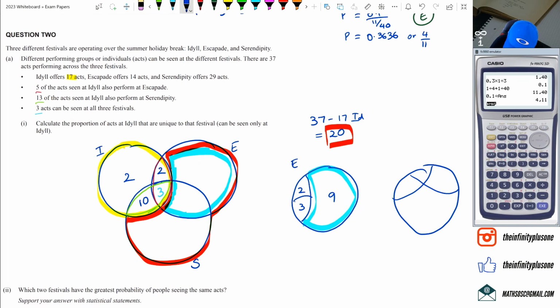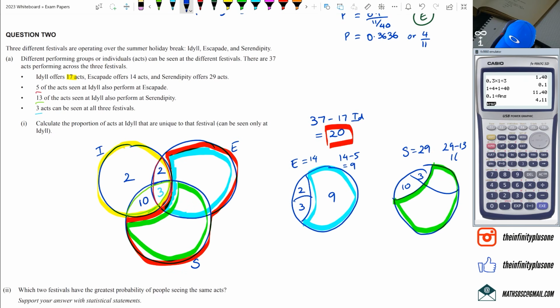With S we've got the green zone. Hopefully this makes sense, what I'm trying to do here. With the green zone, this is already 10 and 3. Remember that E was originally 14, and I did 14 take away 5 to get 9. S is worth 29, and 29 take away 13 gives 16.